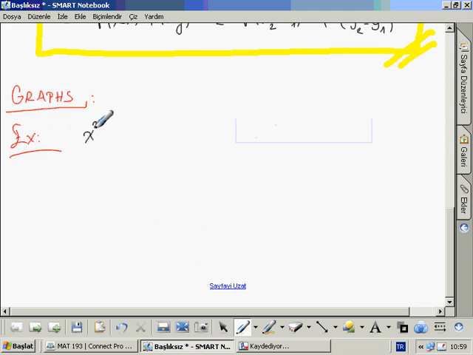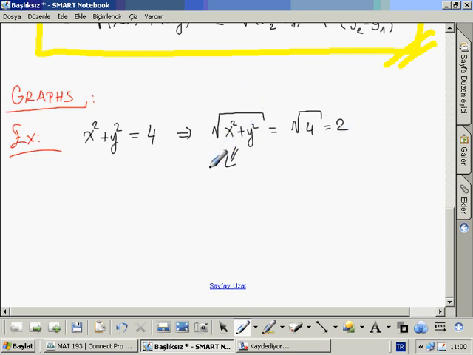Equality, which is x squared plus y squared equals 4, that means square root of x squared plus y squared equals square root of 4, which is equal to 2. Please pay attention to this formula, it equals capital D, which is distance. That means all the x points and all the y points, their distance from the 0, that means origin, will be equal to 2.